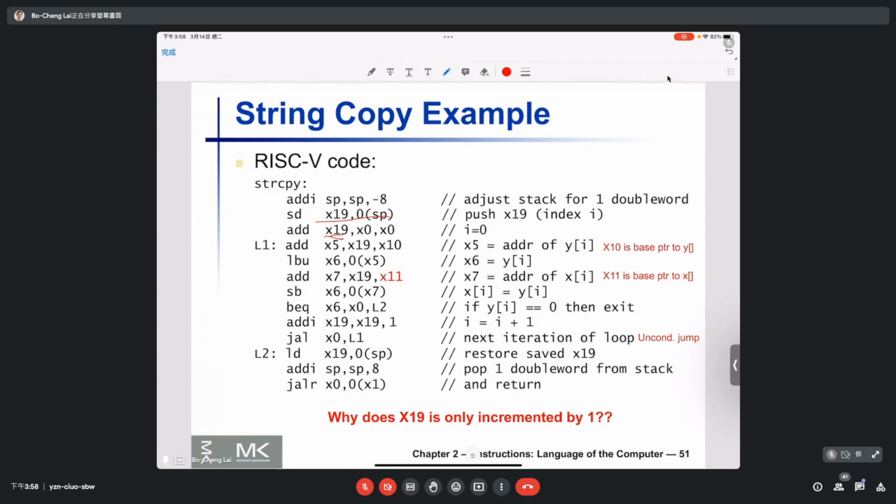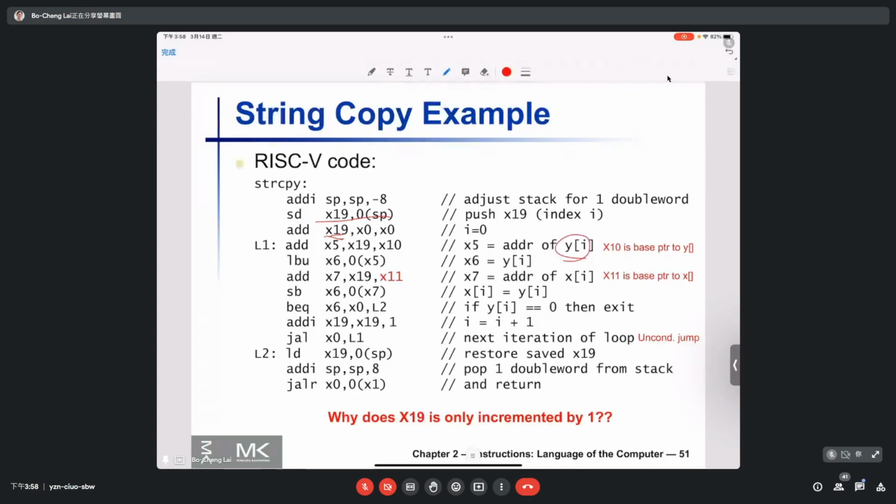You add x0 to x0, which is still 0, and you put the result into x19. That's also 0. 这个是 reset 的意思哦。All right, and then you calculate the address of x, address of y.